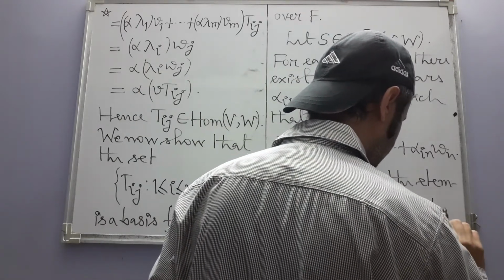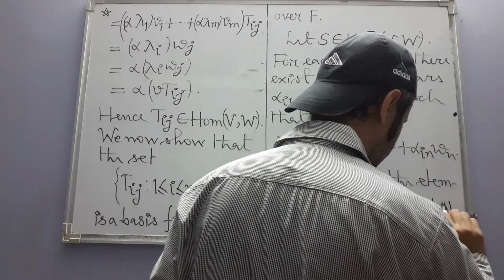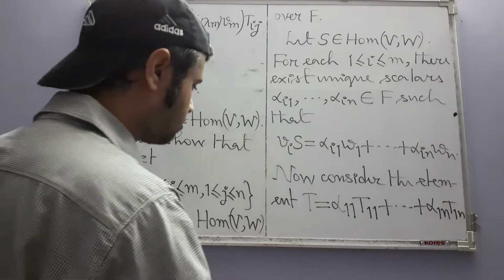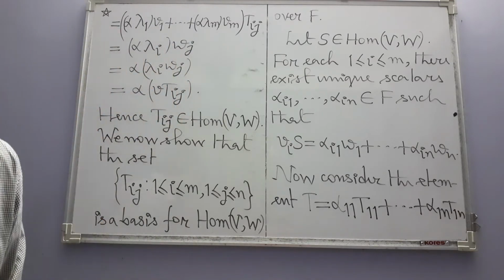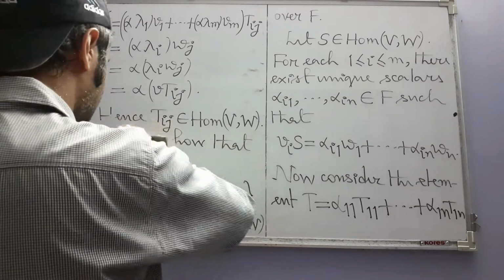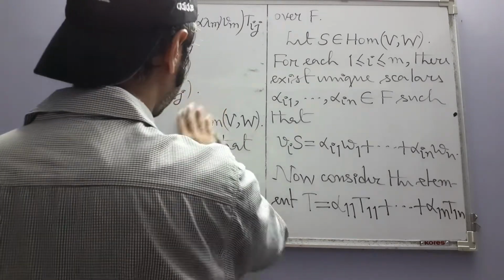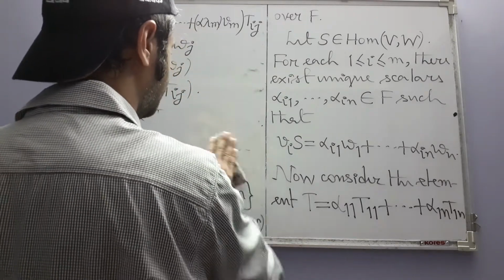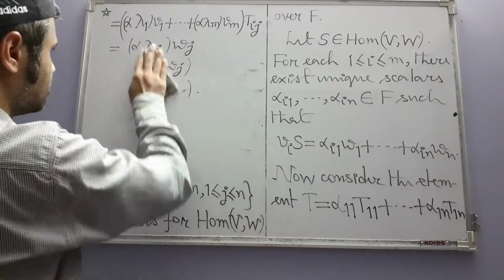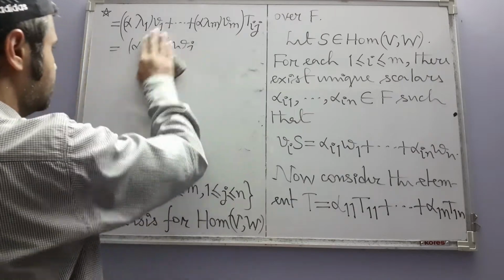Alpha 1n T1n, but it's not over, it continues. We are going to use all the alpha ij's available here, and we are also going to bring in all the Tij's.